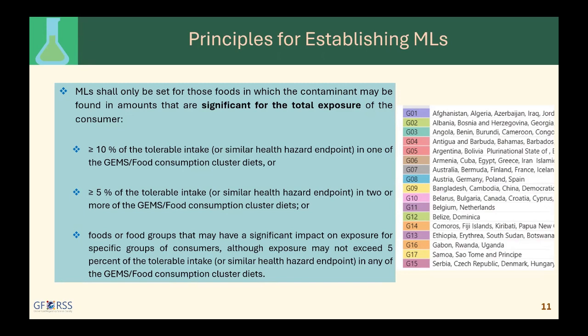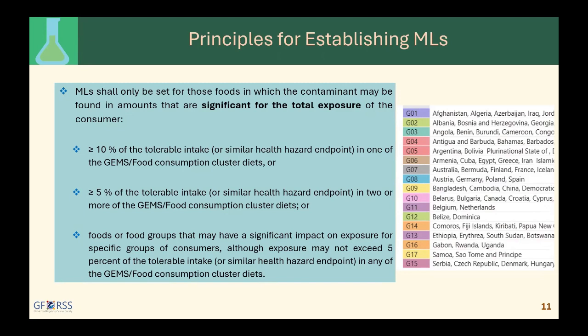Why I'm saying this? Just for you to know that they will consider the specificities of each consumption habit. And they will say, if one cluster diet is exposed, we will do whatever we can in order to limit this exposure. Okay, so we will be setting a maximum level in order to protect even this cluster diet.